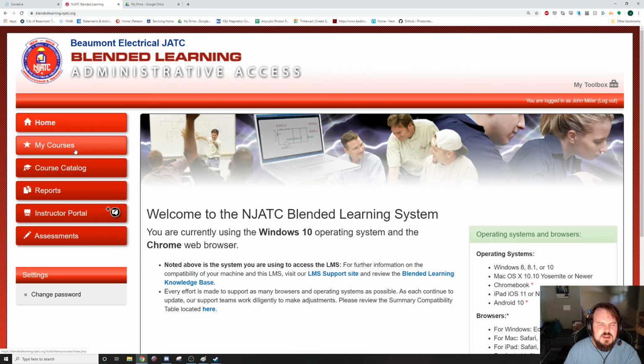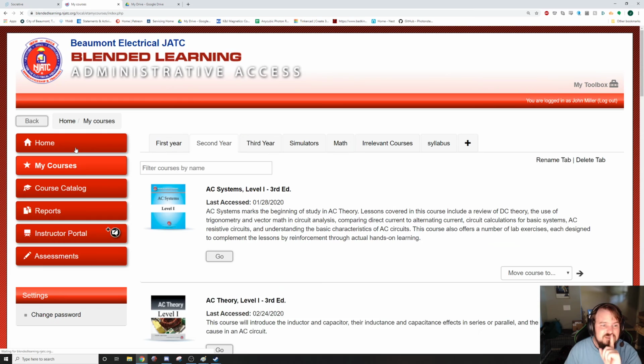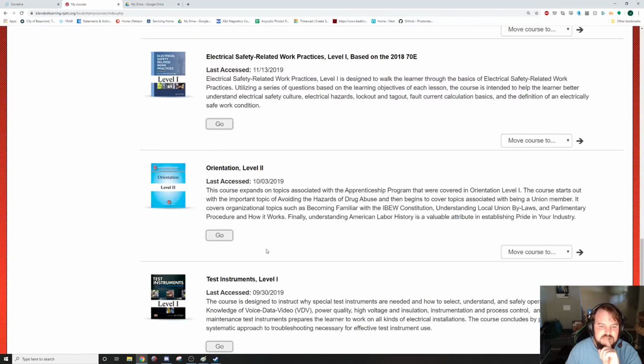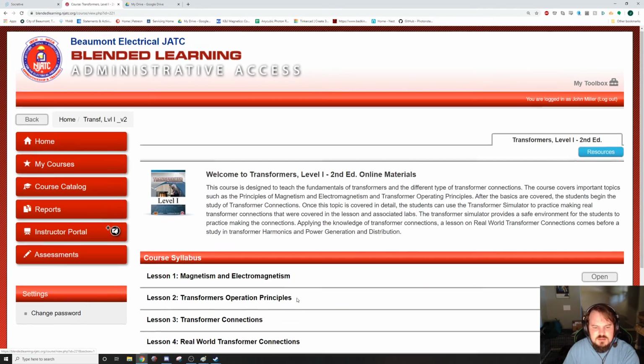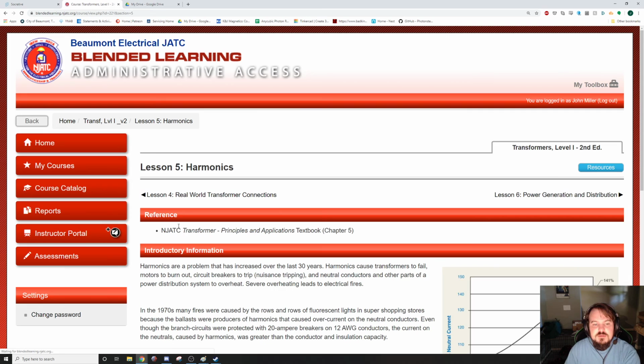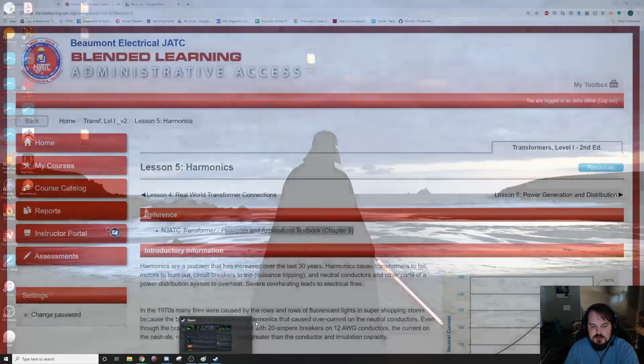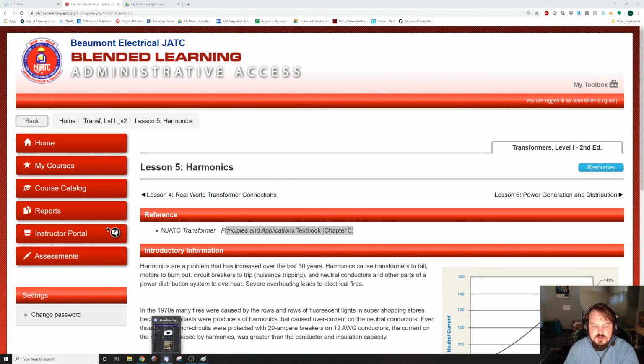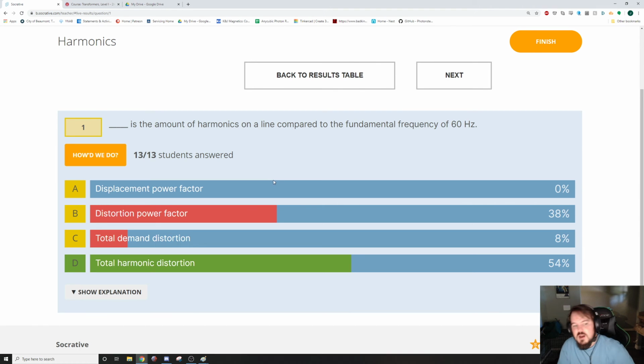This is lesson 5, and we are in chapter 5. Too easy. So all of your answers here are going to be in chapter 5. Total harmonic distortion is the amount of harmonics on a line compared to the fundamental frequency of 60 hertz.